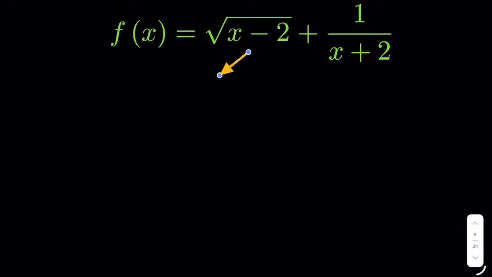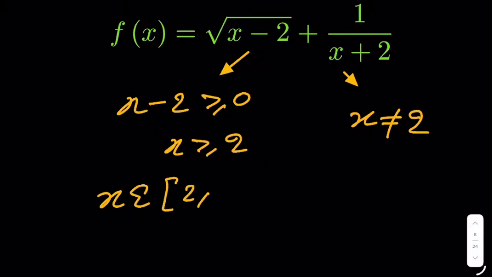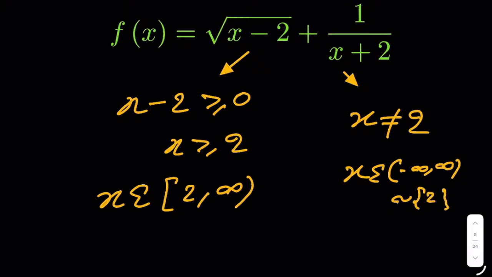Very simple question. First one, if x minus 2 is greater than or equal to 0, then you can say that x is greater than or equal to 2. And this one is not equal to, otherwise defined for all. So according to this one, closed interval 2 to infinity. According to this one, minus infinity to plus infinity except 2.